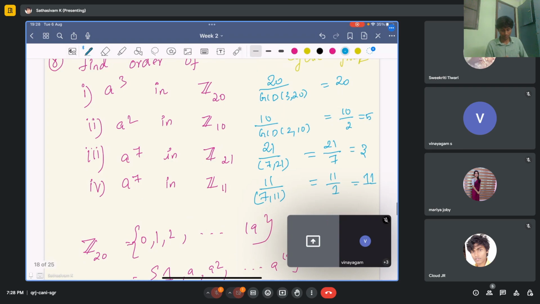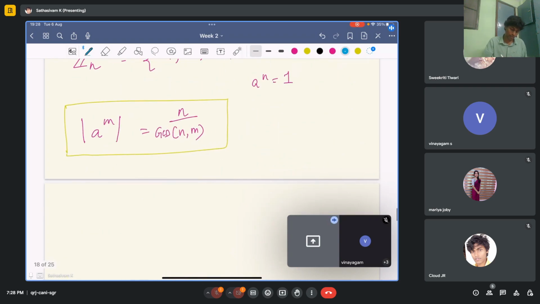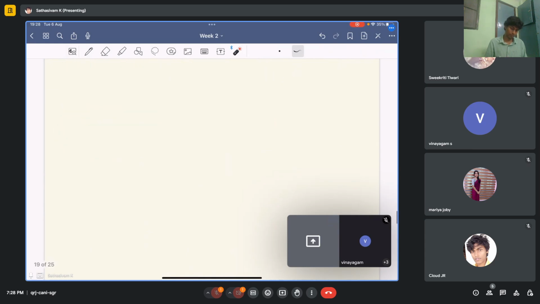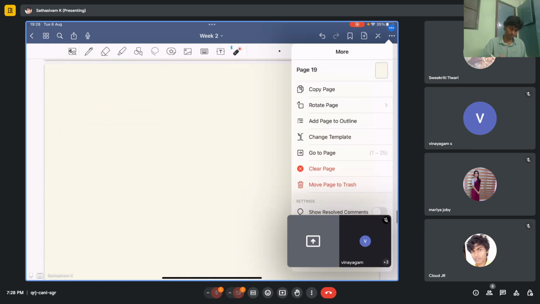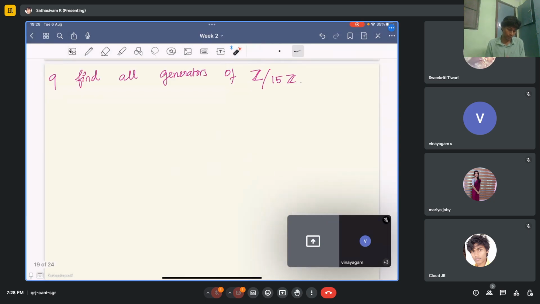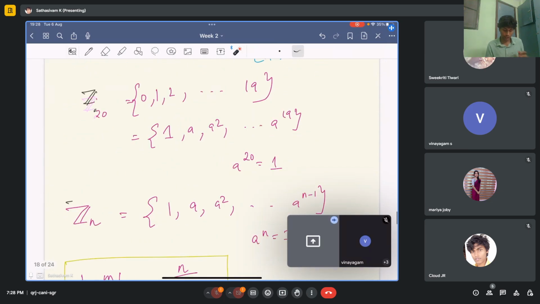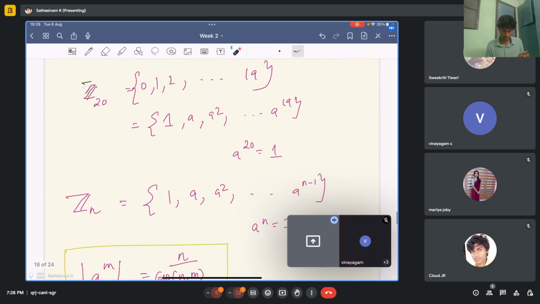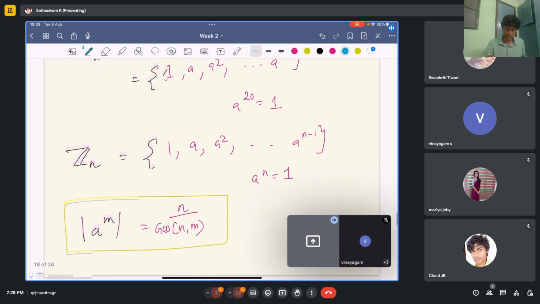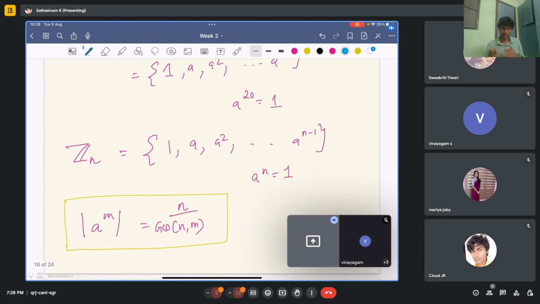Okay. So if you want to compute the order, this is the formula that you use. When you work with cyclic groups, there is a theorem which says that given any order dividing n, there is always a unique subgroup of that order, and that subgroup is also cyclic.